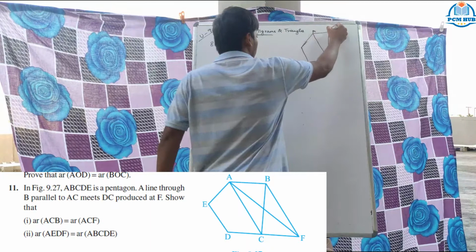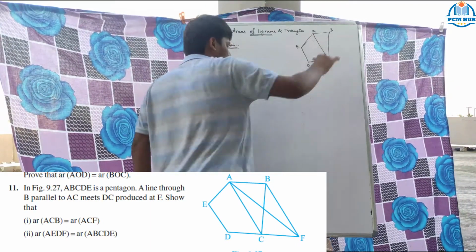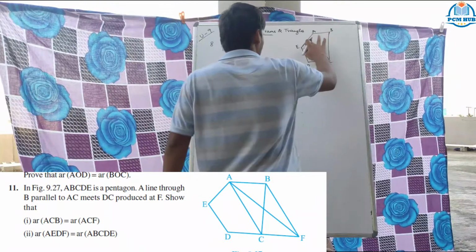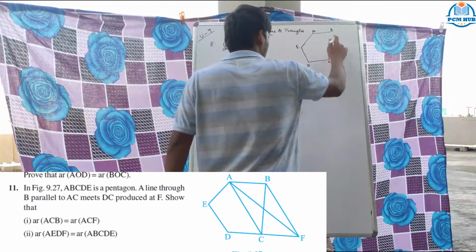This is A, this is B, this is C, D, E. You can join other diagonals also, but currently we don't require any diagonal being joined. First you should draw this figure.